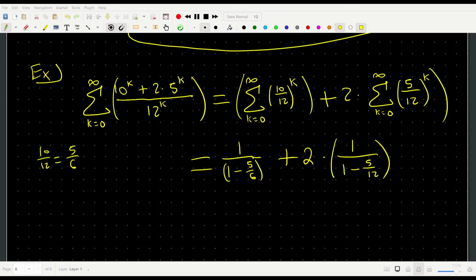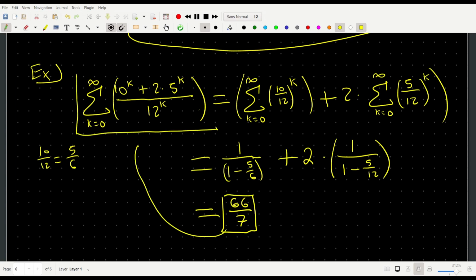And when we go through and do some basic arithmetic simplifications, this will be simplified to 6, and simplify this down as well. We end up getting that our answer is 66 over 7 after a little bit of arithmetic. So this infinite series converges to 66 over 7.